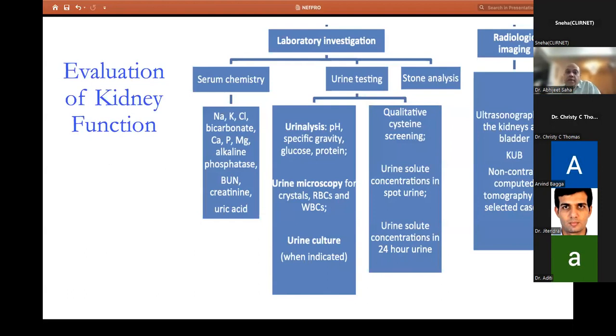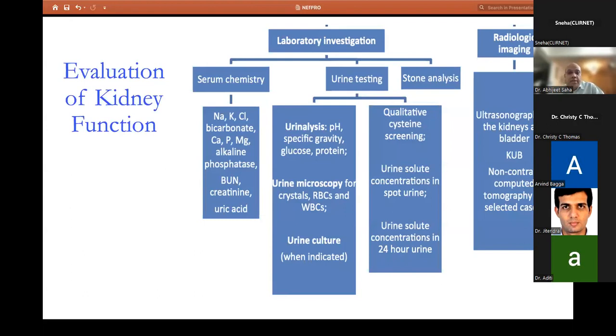Now, imaging is a very important part of evaluation in a child with nephrolithiasis or nephrocalcinosis for that matter. Ultrasound is very simple and easily available. Apart from that, you have non-contrast computed tomography scan in selected cases.